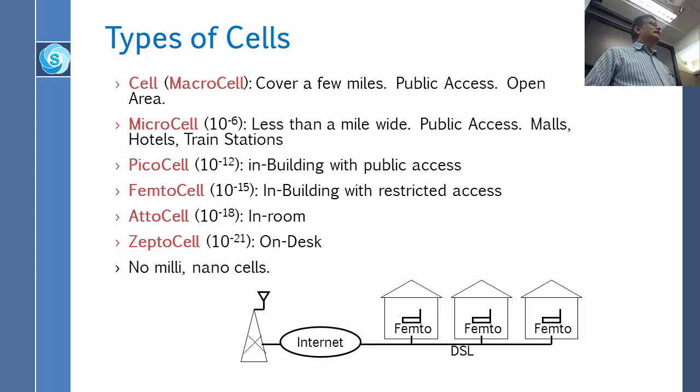You see the point? The backhaul is not by the air, it is by wire. Only the first hop from the UE to the base station, the femtocell, is wireless. But then it goes over the wire on your own DSL, so you connect it to your DSL. That point is clear?